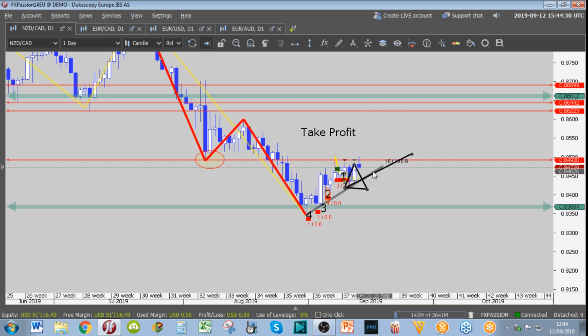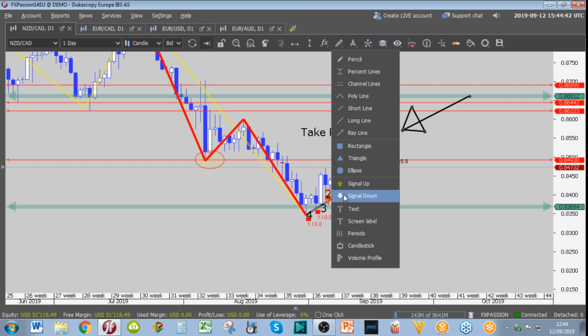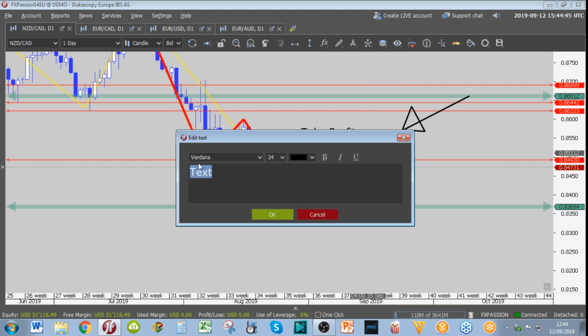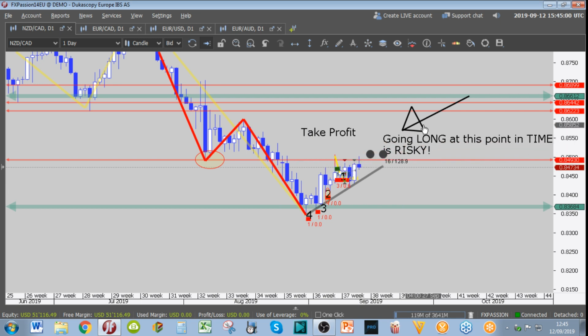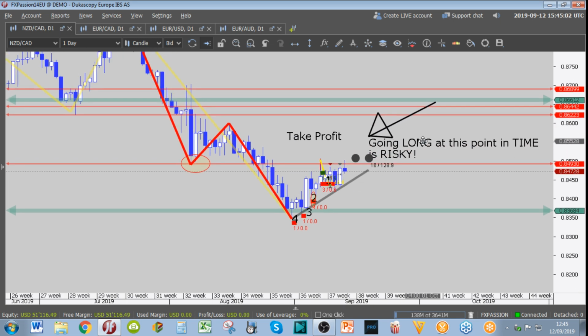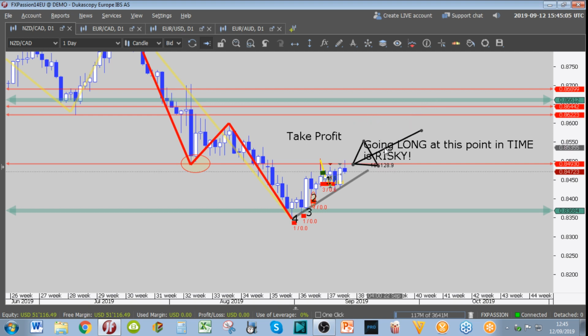The trading time frame is the least important time frame. So if you would enter in here in between, it's okay. Now going long in here, I'm going to write: going long at this point in time is risky. I'm talking about technical risk. Okay, this is risky. Why is that?